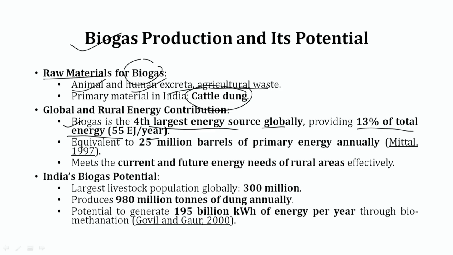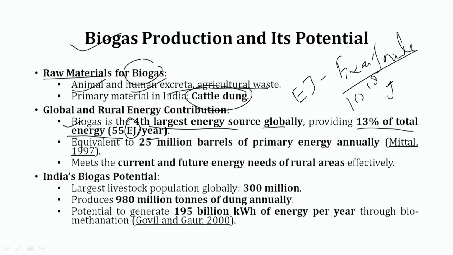Here I would like to tell something about the term EJ. EJ is known as exajoule. Exajoule is equivalent to 10 to the power 18 joules. Just to have a look at this EJ concept, the total energy consumption of a country is measured in EJ.